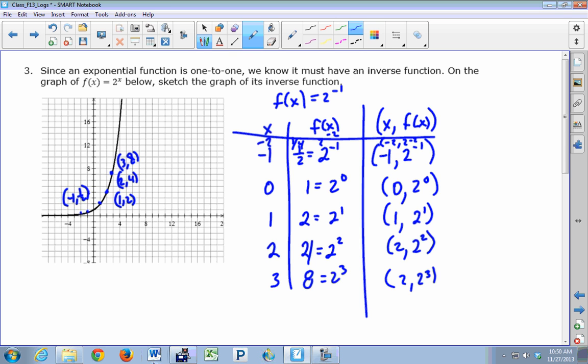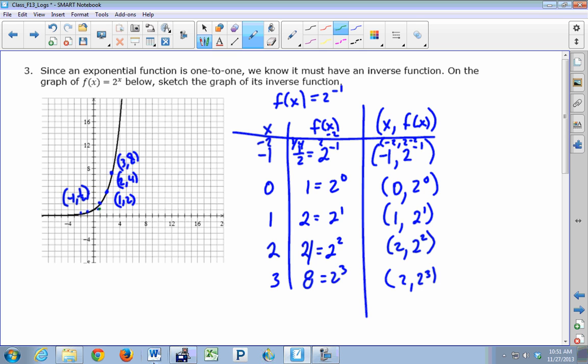Okay, so I really have enough information to actually start plotting my inverse function because my inverse function reflects about the line y equals x, which is just your linear line, slope 1. So all you do, I've got to use a different color.